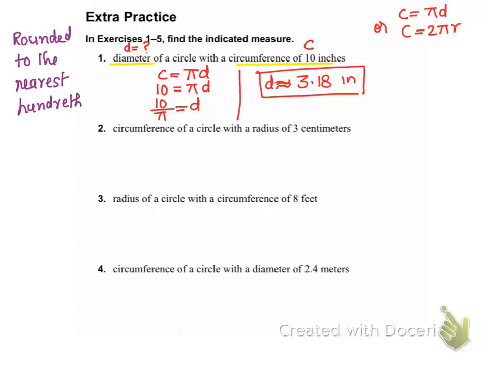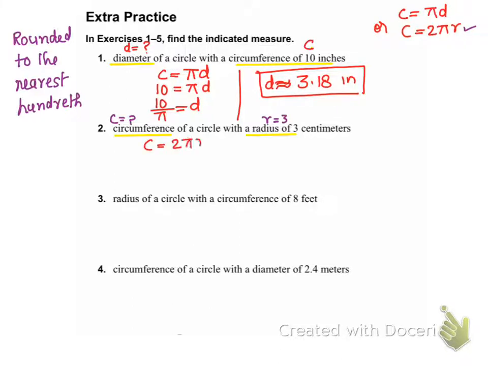Circumference of a circle with radius 3. So we need to know what's given here. Basically the radius is given, that's 3, and we have to find the circumference. C equals what, and radius r is 3. Let's use this formula, C equals 2 pi r.